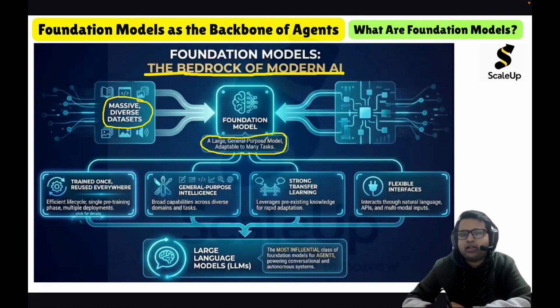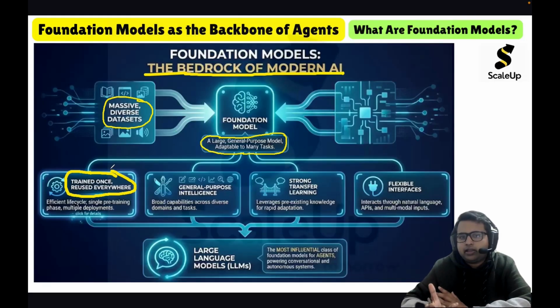So a foundation model is a very large model trained on massive diverse data sets, and it is a general purpose model that can adapt to many tasks. The key characteristic is that it is trained once, reused everywhere. We train it once using massive diverse data, and then we can reuse it many times because it is a general purpose model.